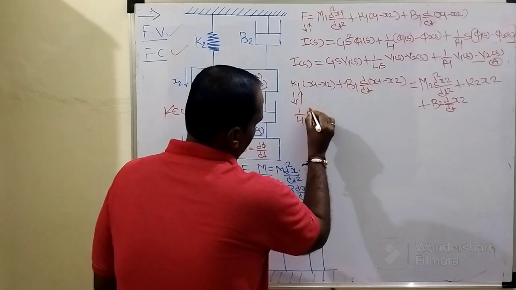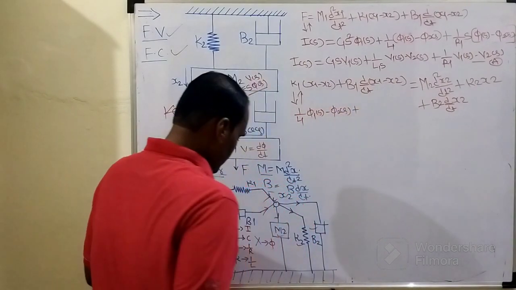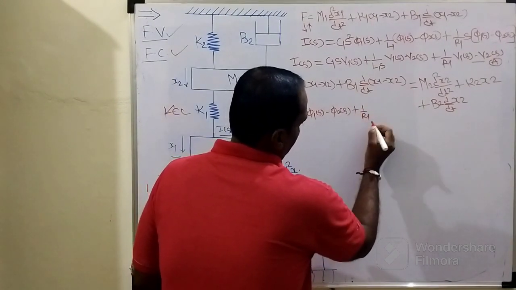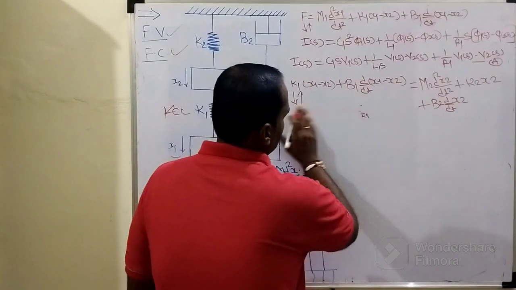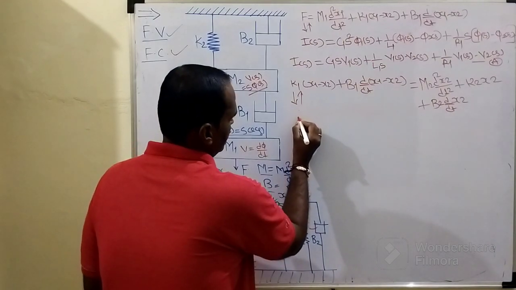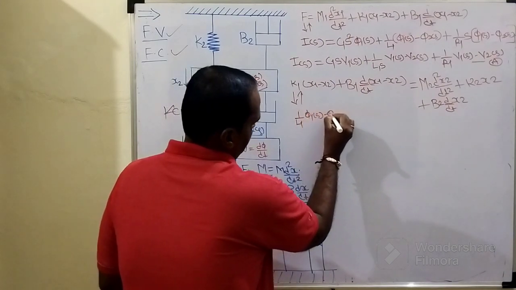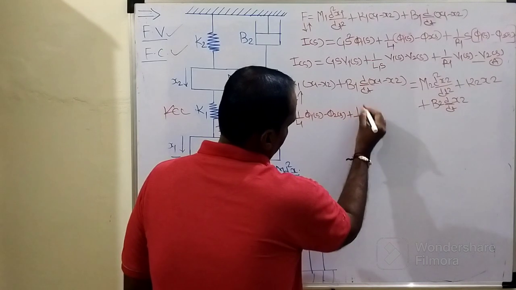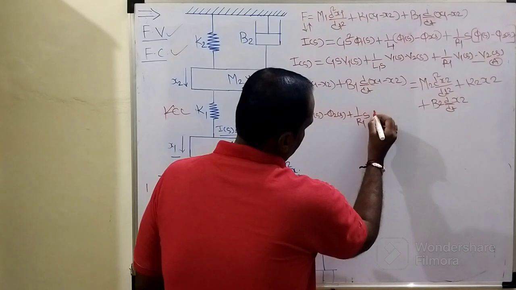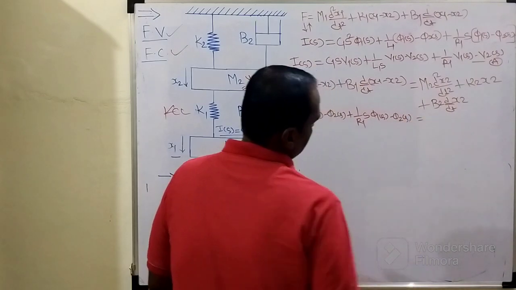One more time, phi 1 of S minus phi 2 of S plus B is analogous to 1 over R, the reciprocal of R. So it will become 1 by R1, right? One more time, due to lack of space here, I will write K is analogous to 1 by L. So it is K1, so it will become 1 over L1 into phi 1 of S minus phi 2 of S plus B is analogous to 1 over R, 1 by R1 into d by dt, first order differentiation, S into phi 1 of S minus phi 2 of S equals what?